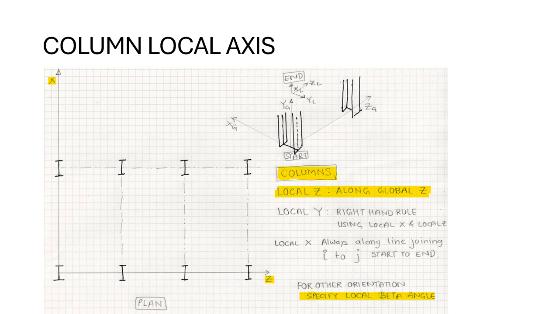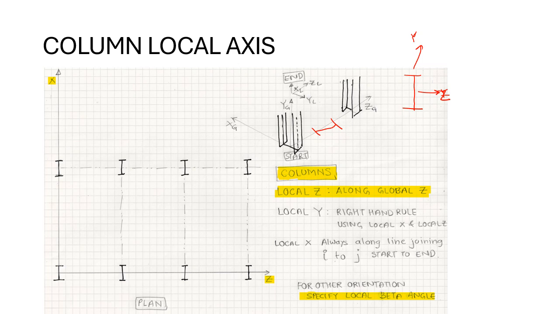Now if you want to place a column which is rotated like this, we will give a local beta angle. So that is the beta angle we can specify. In the case of a beam, this is what we call the y-axis, and this one is z, because the y-axis is along global y.